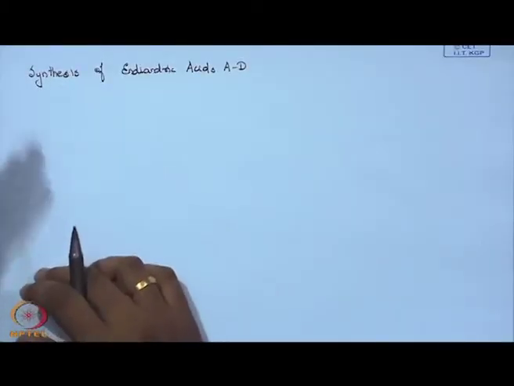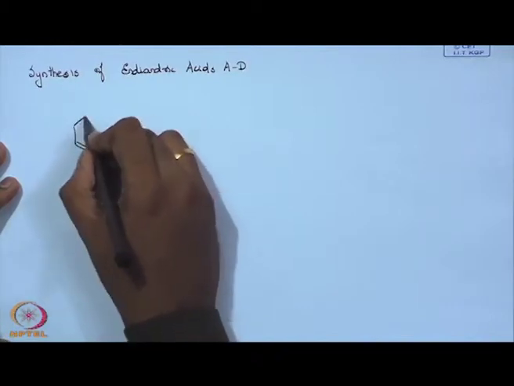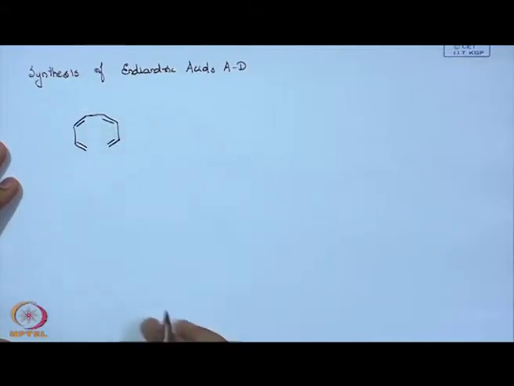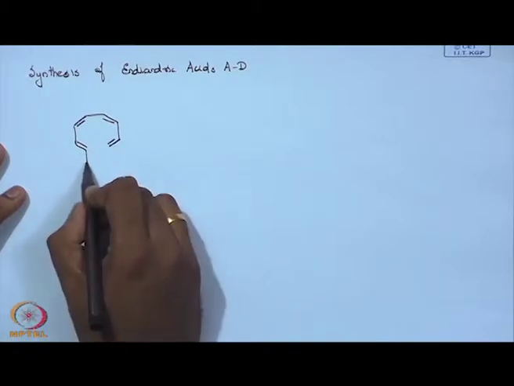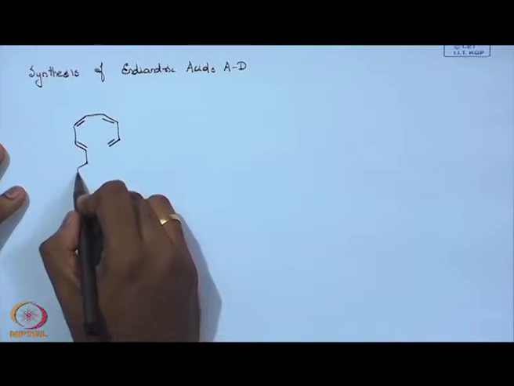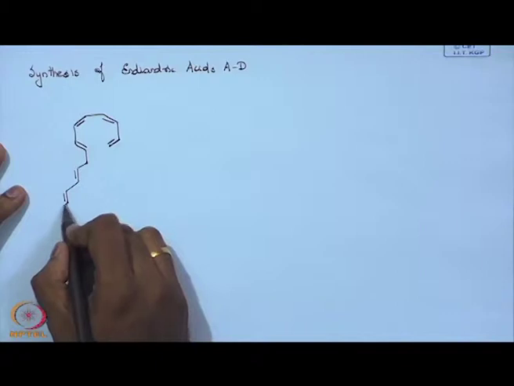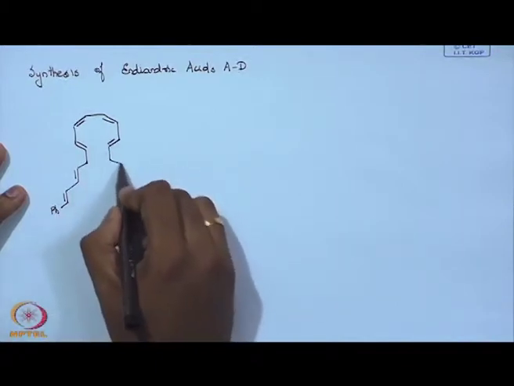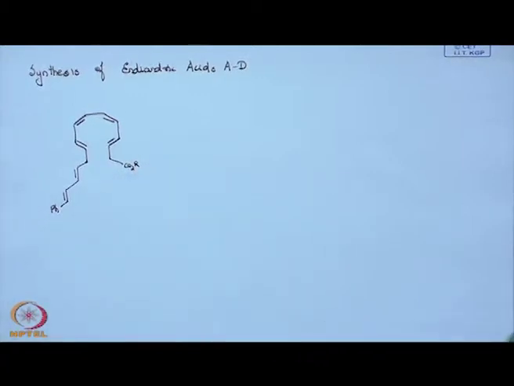Okay. So, first we will take a cyclooctatriene system, right. We have a phenyl here, and then you can have a carboxylic acid or CO2R.